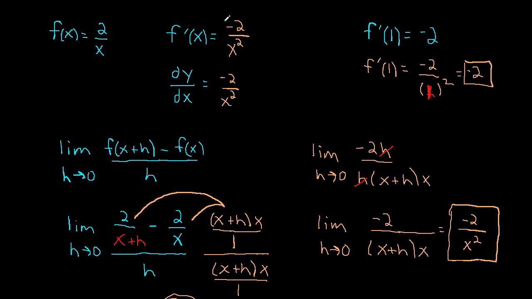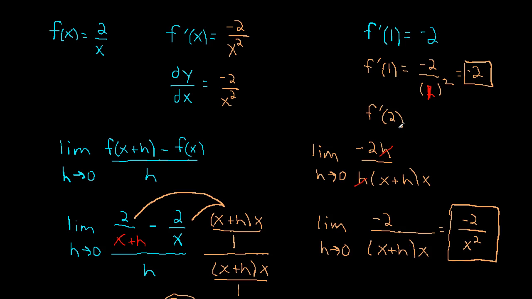Now the beauty of finding it in this way: remember in past examples we said, well, what if we wanted to find the derivative at 1? And we went through this whole limit process. We let x be 1, and at the end of our limit process we would get negative 2. Well, what if you wanted to come back and find the derivative at 2?